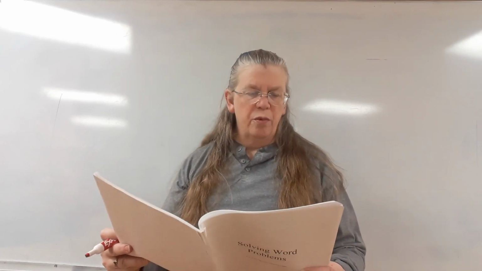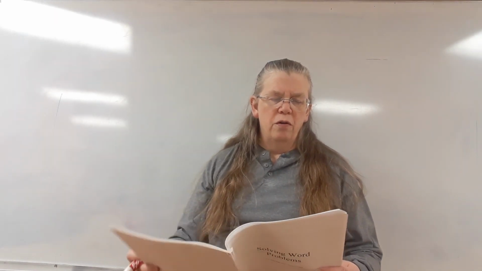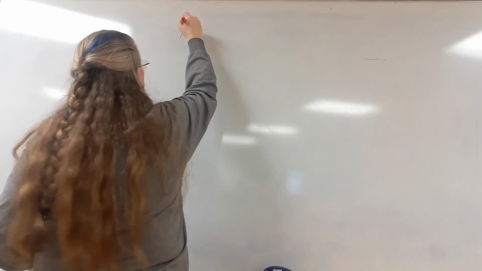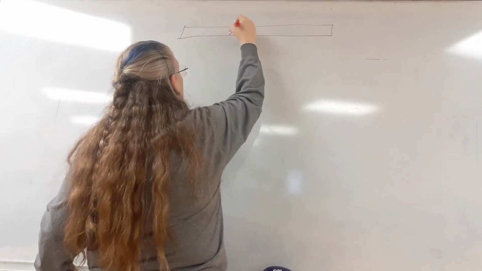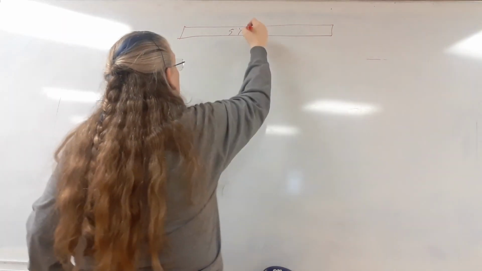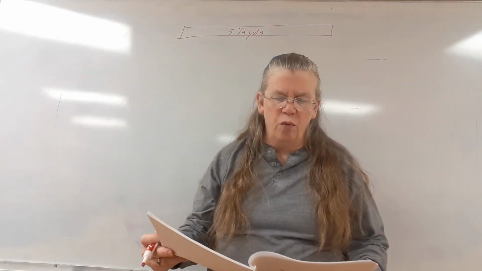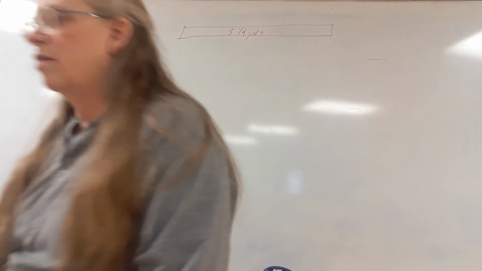Let's look at M1 number 4. Woody has a board 5 1/4 yards long. So let's draw this board. If he cuts off a piece that is 1 yard, 1 foot long, how long is the remaining piece?